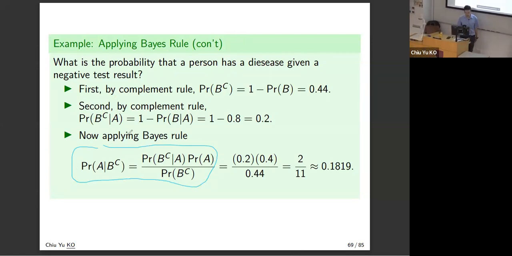You may always confuse A and B and C, but just keep in mind, in case you can't remember, this is how a high school teacher told me. You can have a star and a moon, and this is the moon here, and you flip, so star and the moon.